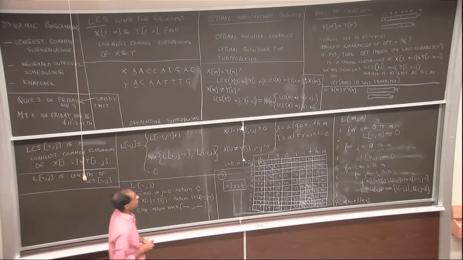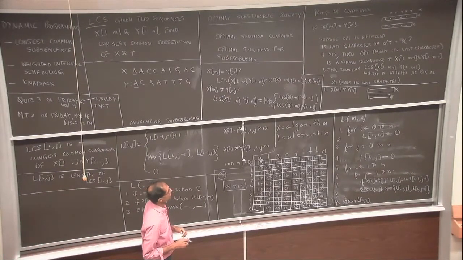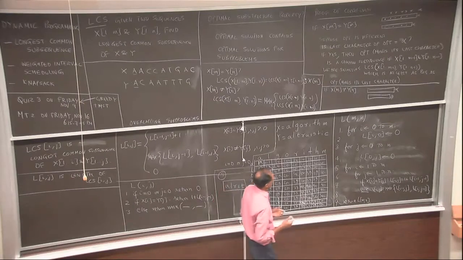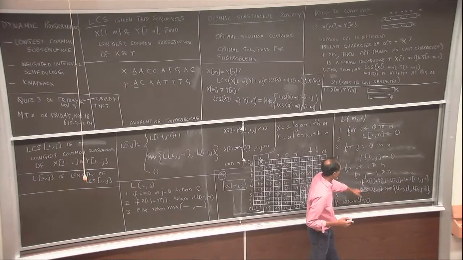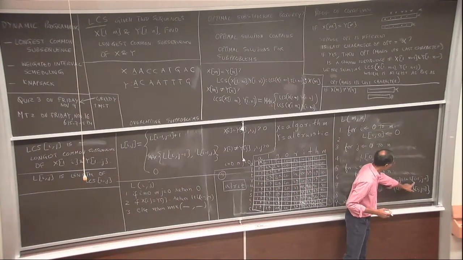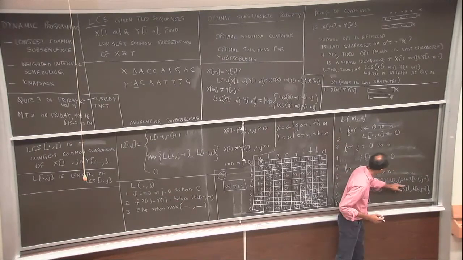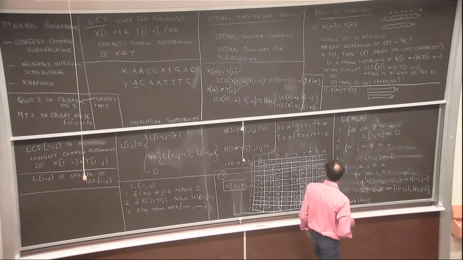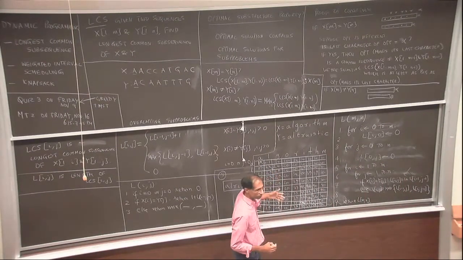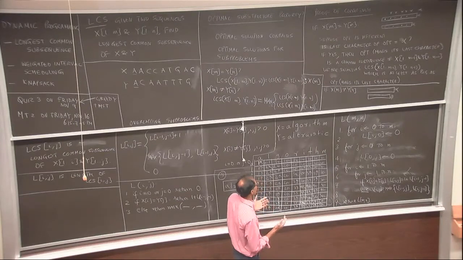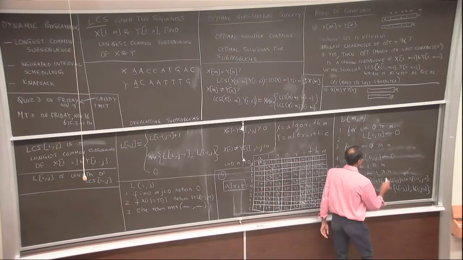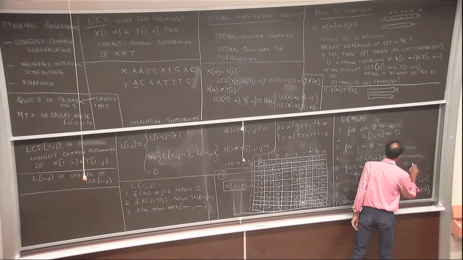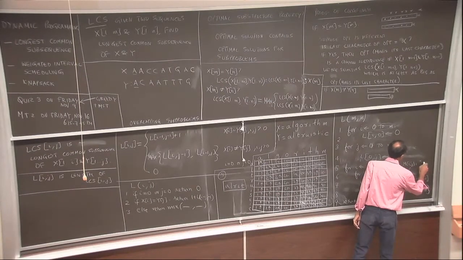Okay. So one way to adjust this is we will make a note if L[i][j] is 1 plus L[i-1][j-1]. If it's this case, then we will have another array that will keep track of these arrows. Let's call that array, I don't know, capital M. So we will say M[i][j] is this arrow.